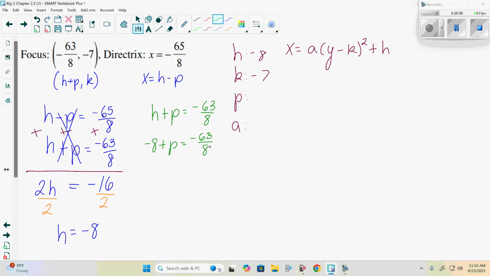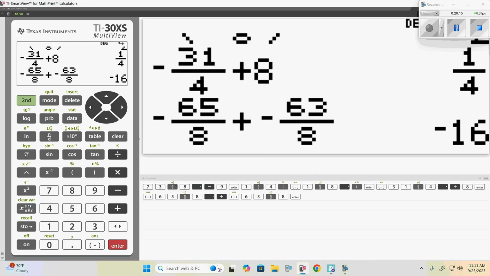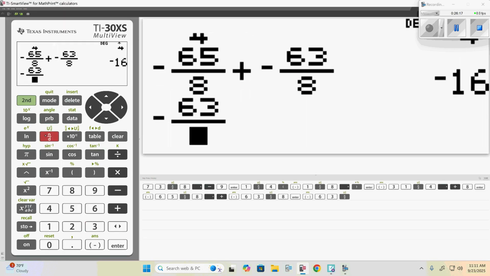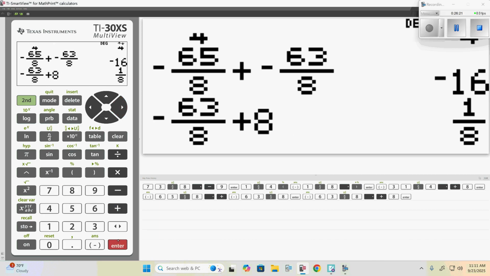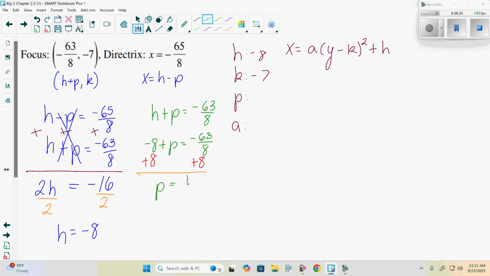So we're saying negative 8 plus p is negative 63/8. At this point, we can do what? Add 8 to both sides. So negative 63 over 8 plus 8 is 1/8.